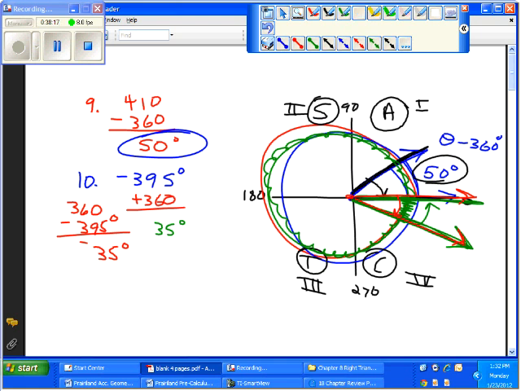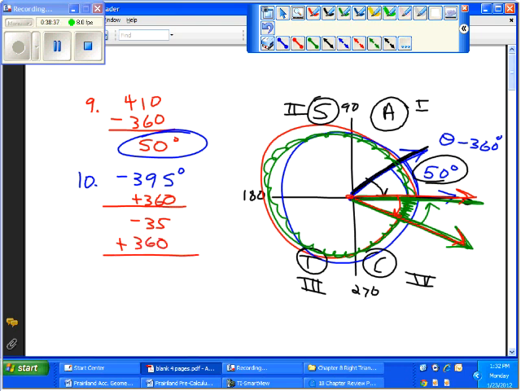If I want it to turn out positive, then what I need to do is add 360s until it turns into positive, right? So if I add 360, I'm still at negative 35. That means I would really need to add 360 again if I'm going to make it positive. And if I did that, that would make it 325 degrees positive.